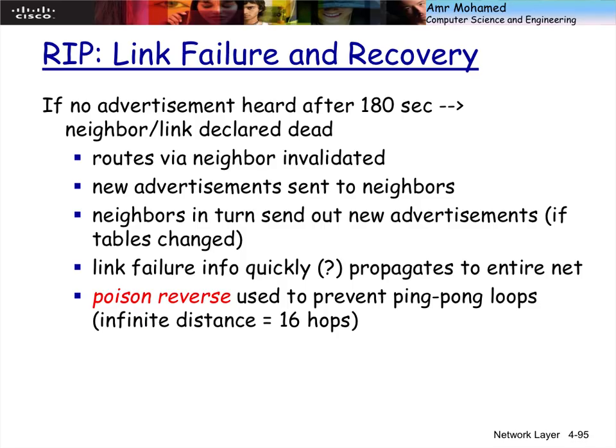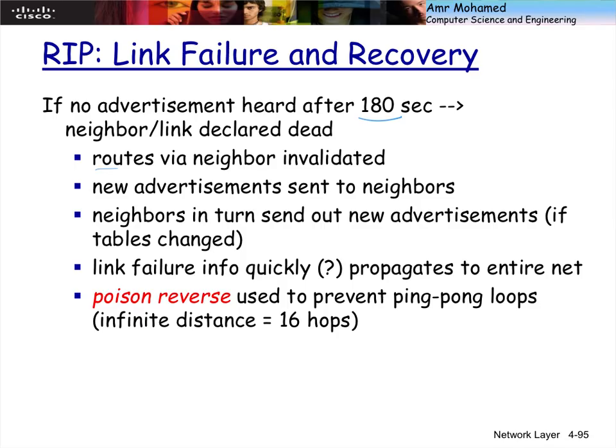If I don't receive a route advertisement from a particular link for 6 periods in a row, because we report every 30 seconds, so after 180 seconds, which means 6 periods in a row, then I report that this neighbor is not a neighbor anymore. It's totally disconnected. Very easy. Okay, so that's also a rule.